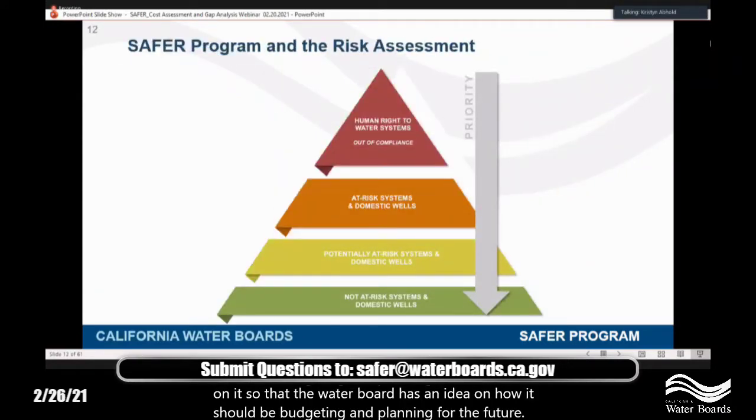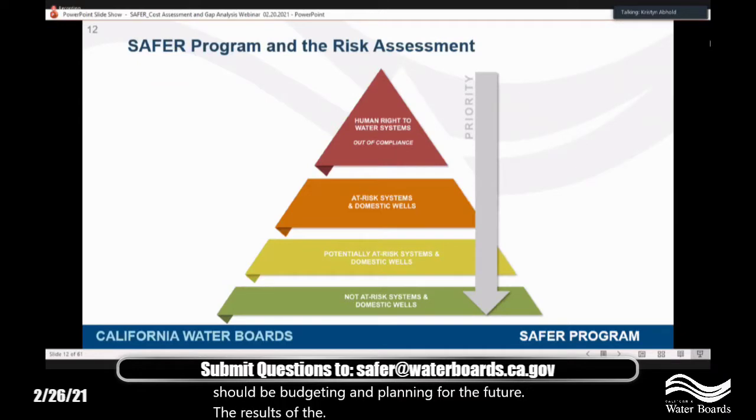The results of the full needs assessment and the risk assessment really is about helping with prioritization. We know, and you'll see later how we're going to be estimating this, but we don't anticipate having enough funding to meet all of the demand that we believe is out there. So we use the results of the needs assessment to help us prioritize where funding and technical assistance should be targeted.